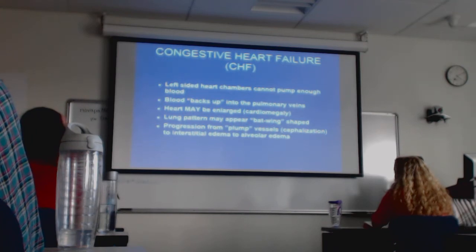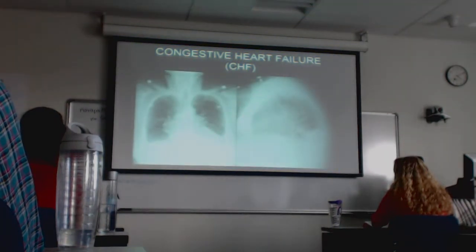And then you'll start to see this edema pattern happen. When it gets really bad, you can get really bad airspace edema, and it looks like pneumonia. It looks like consolidation. It looks like all the other diseases we were just talking about in the last hour.